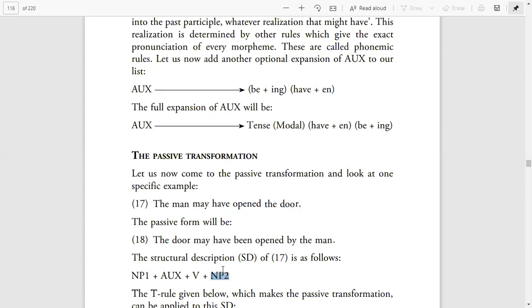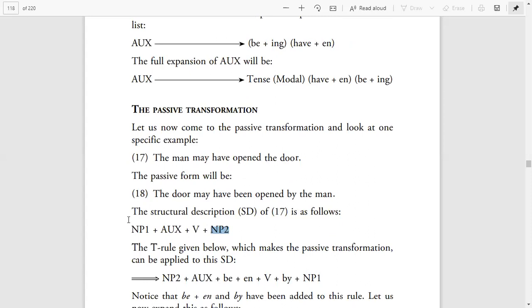So this is the structural description of sentence number 17. But what will be the structural description of sentence number 18, or you can say the transformed form of the simple sentence?